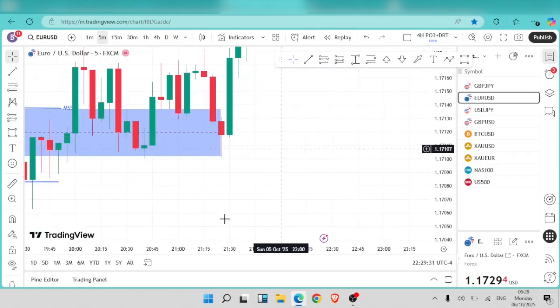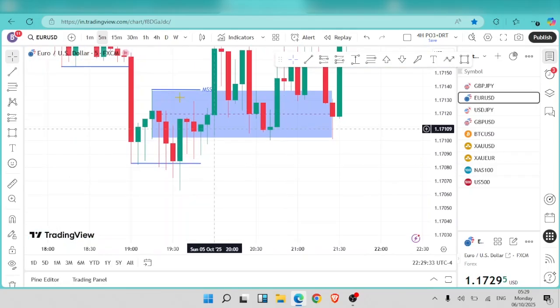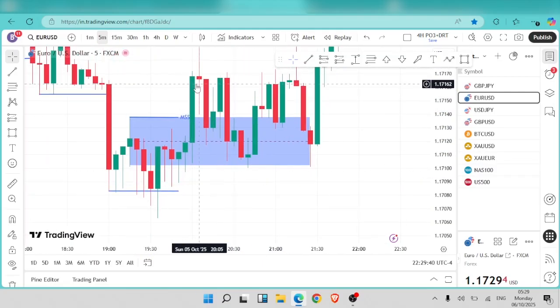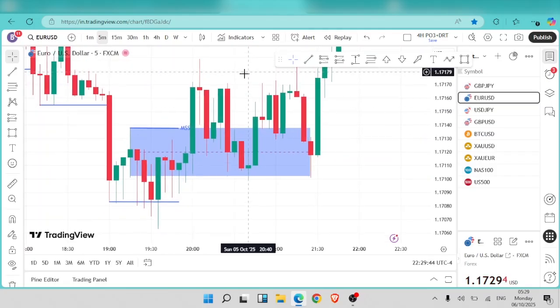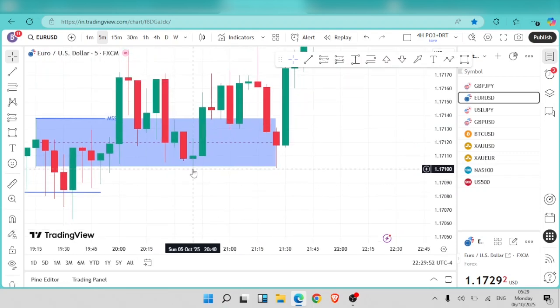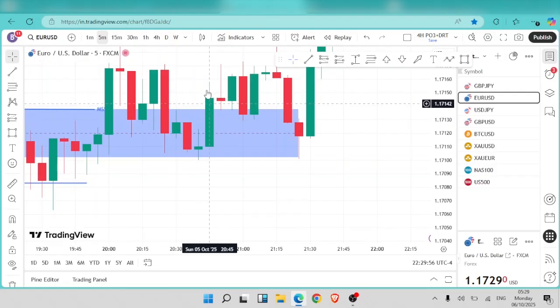But how do we engage this market? The engagement is very simple. You have price closing above, and then coming below, coming into the breaker, and then closing above it with this very bullish candle here.